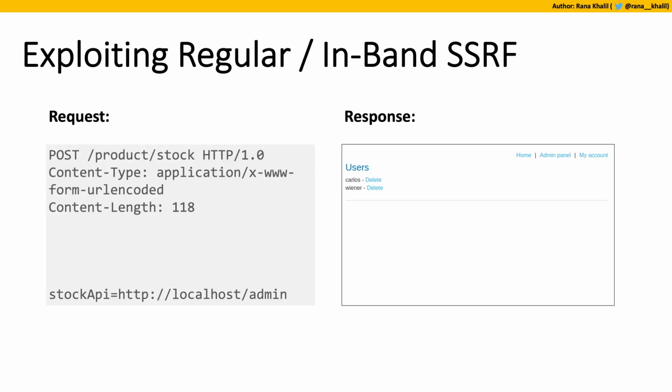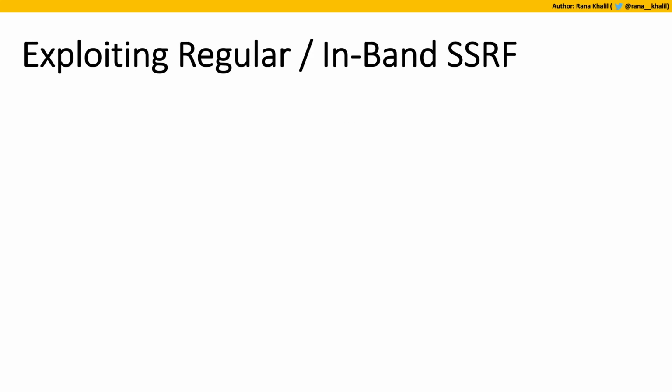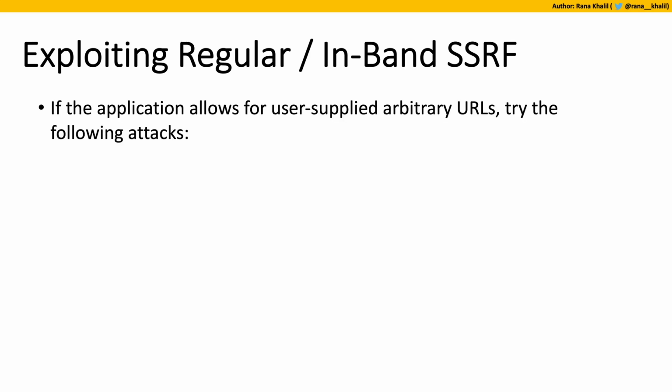Now, this is a really simple use case of SSRF vulnerabilities, and it doesn't always work, which is why when I'm describing how to exploit regular or in-band SSRF, I always divide it into two sections. The first one is if the application allows for user-supplied arbitrary URLs. So when we say arbitrary, that means you could request any URL you want.